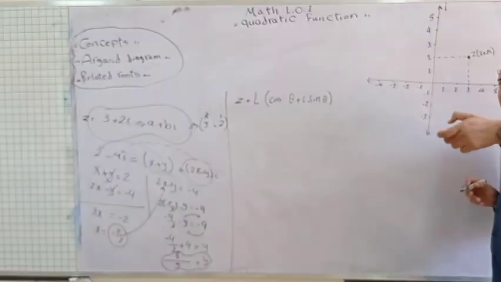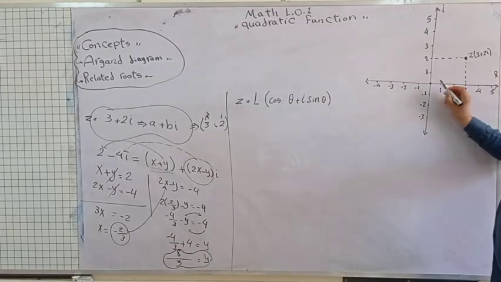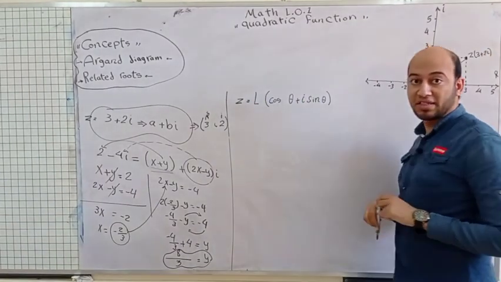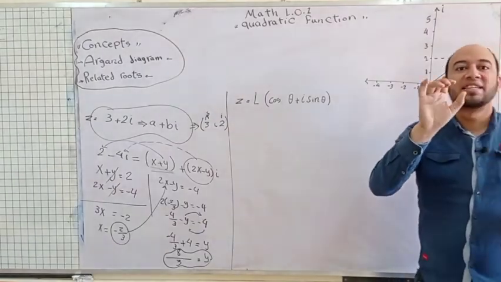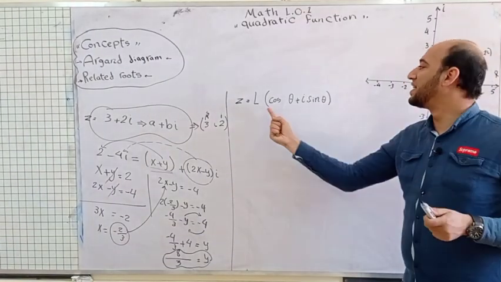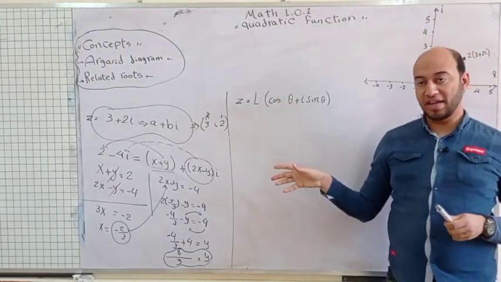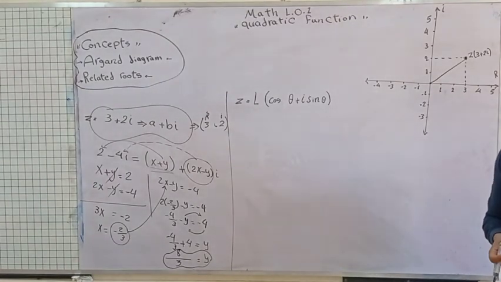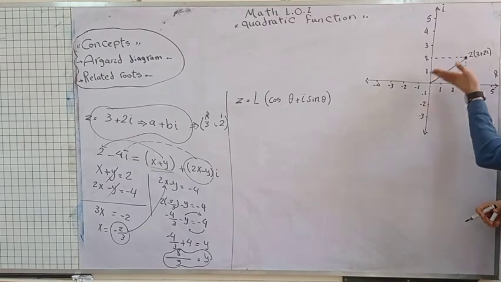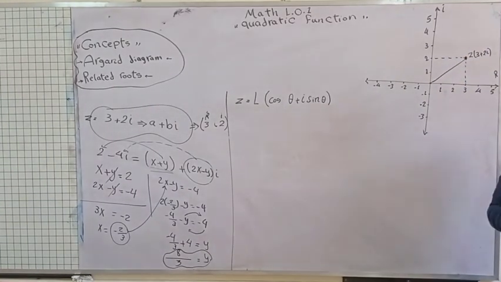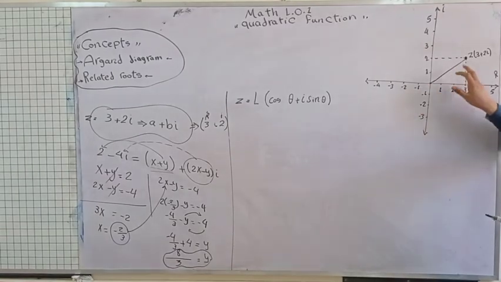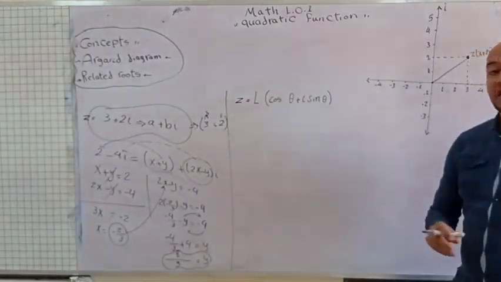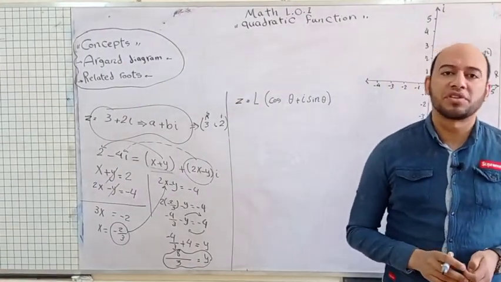If I make a segment from the origin point to the point which represents the complex number, the length of this segment is L. Then L in the trigonometric form is the length of the complex number, or the distance between the origin point and the complex number point. What does theta, the argument, represent?